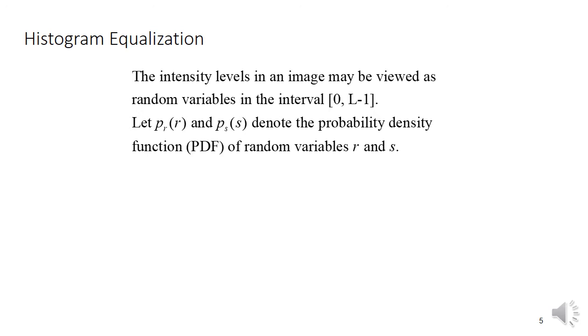For example, let us consider that P of R is the probability for an intensity value R, and we have another probability P of S, where S is another intensity value. Let us consider that they denote the probability density function, abbreviated as PDF, of random variables R and S.